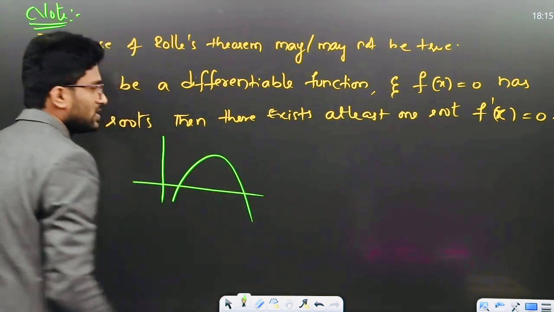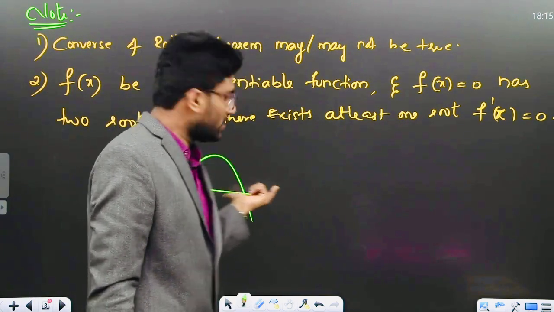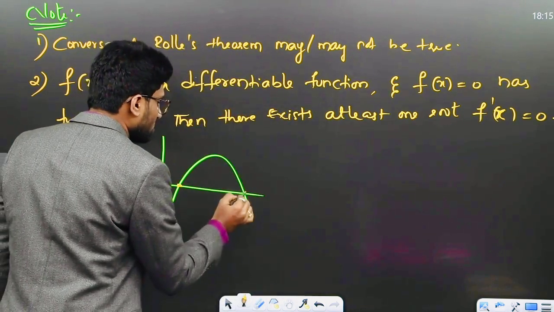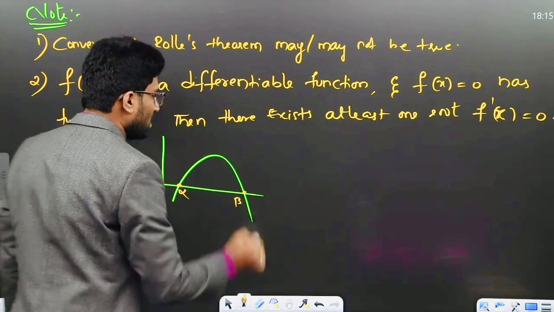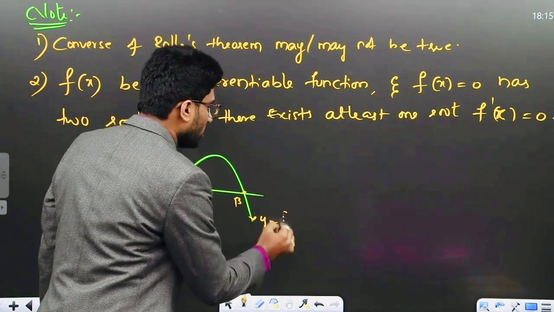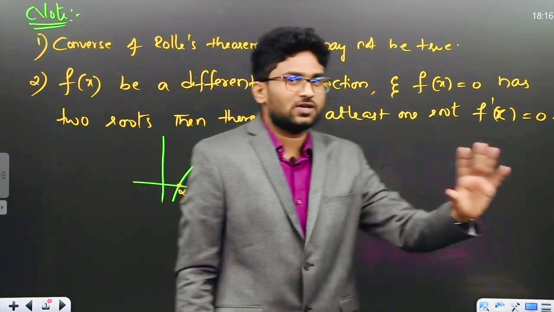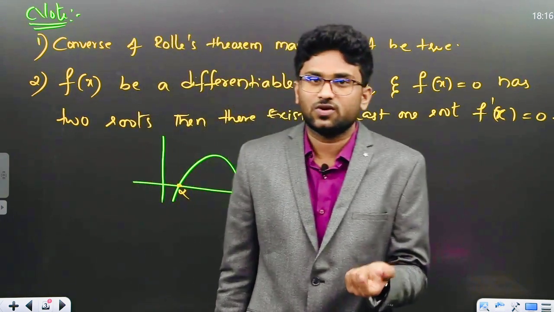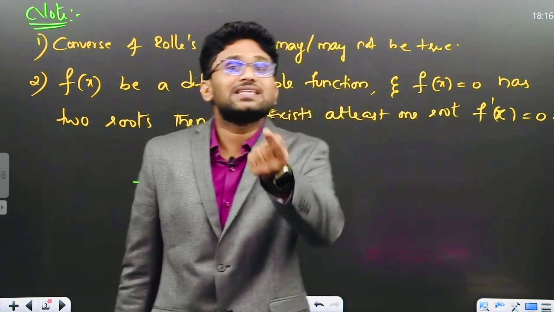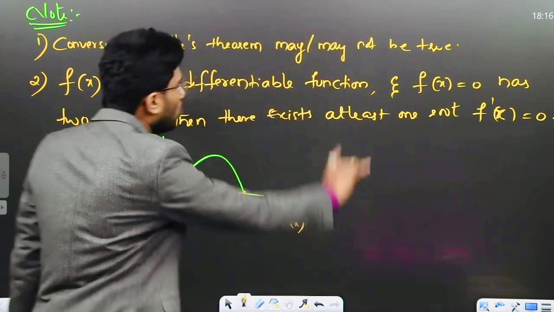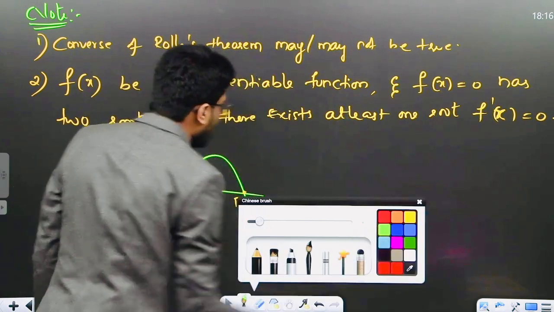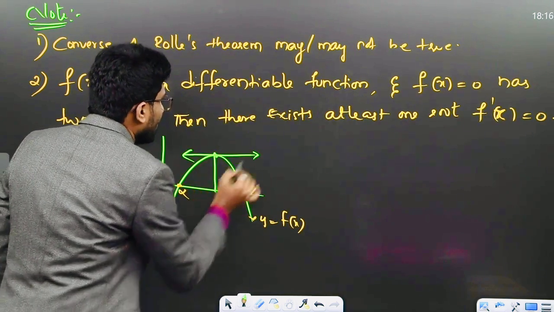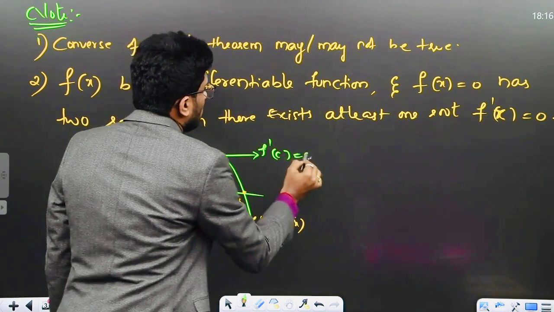If I draw a curve y equals f of x, these two, alpha and beta, are the roots of f of x equals 0. Now if we have two roots, then there exists at least one root of f dash x, such that f dash c is equal to 0.